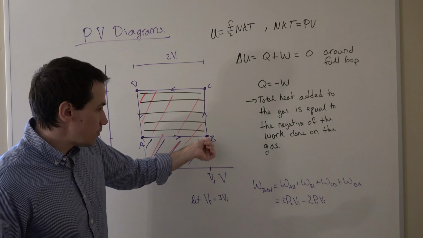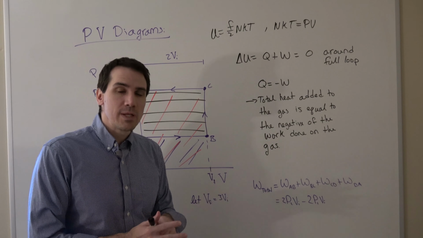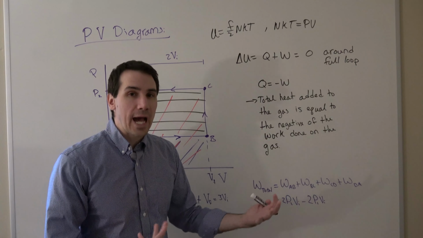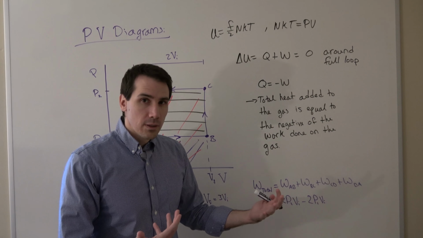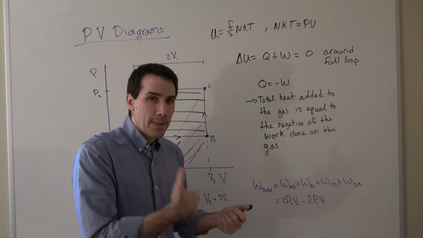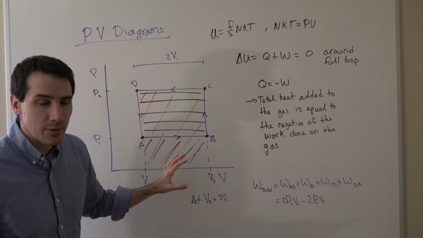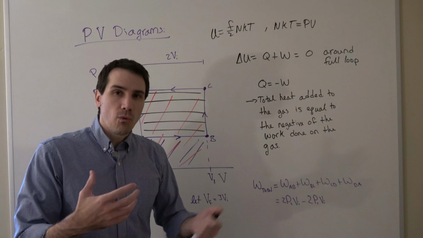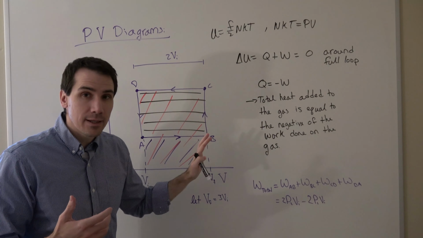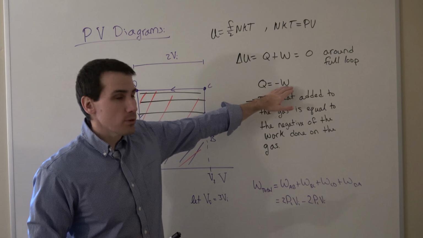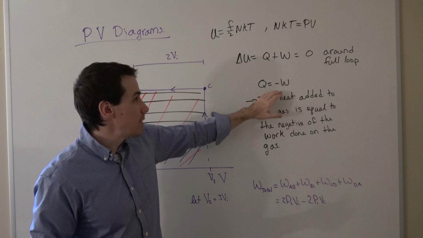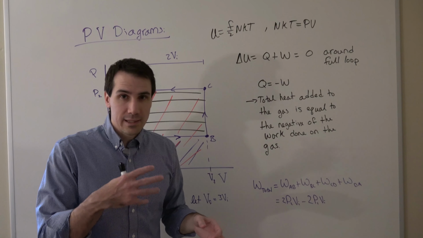Every time we get to B, we must be at the same energy, which means that energy inflow and energy outflow must be equal to one another around the full loop. Depending on what kind of a loop I make, I may be doing more or less work, and I may be absorbing more or less heat.